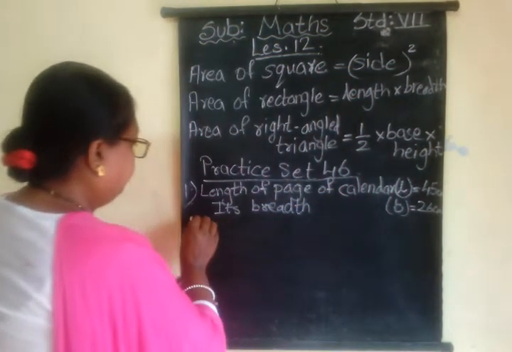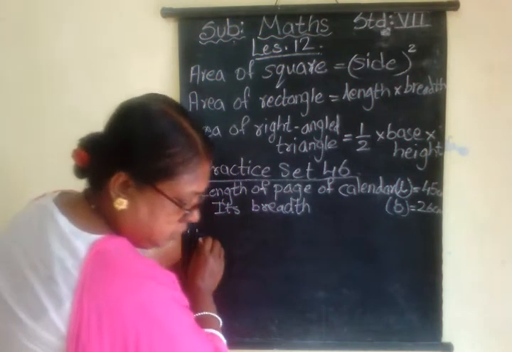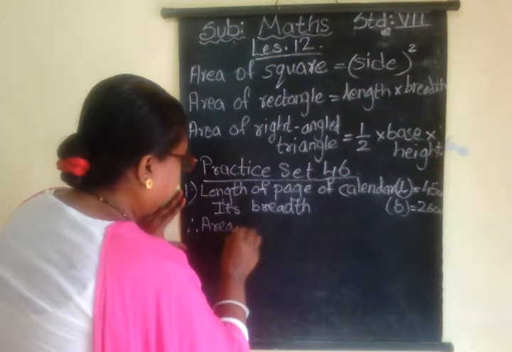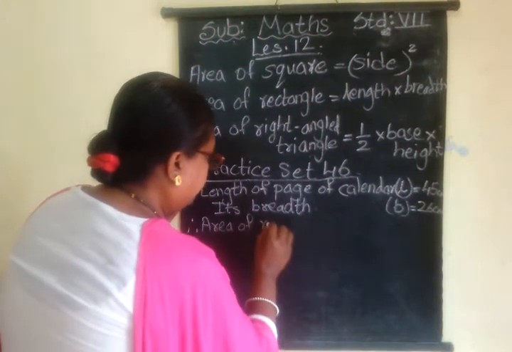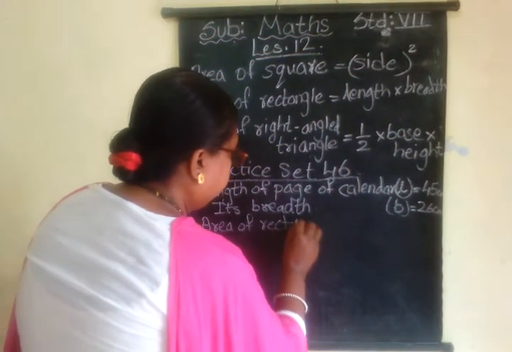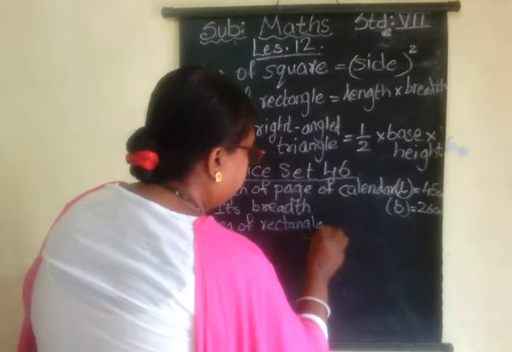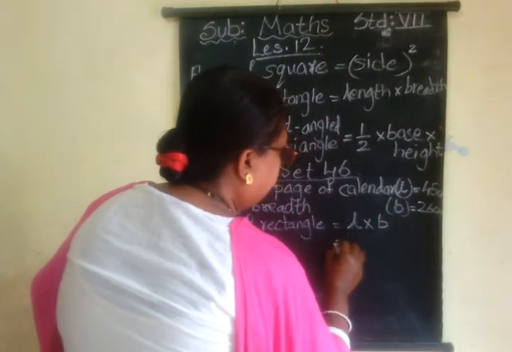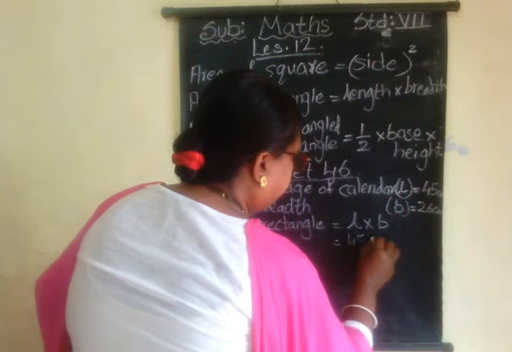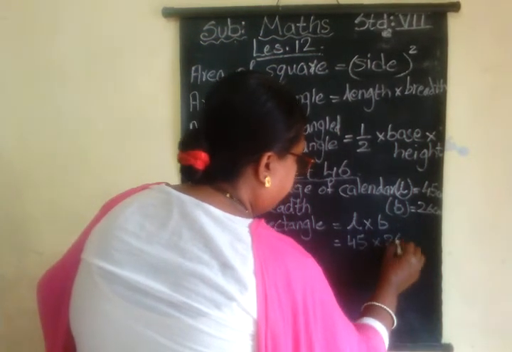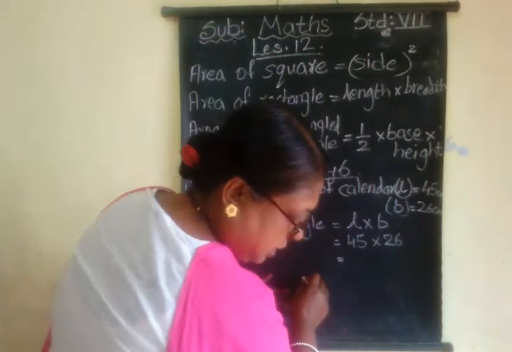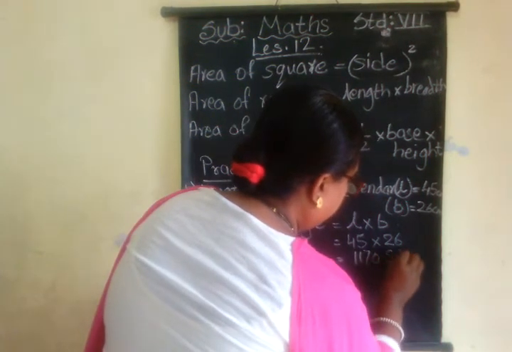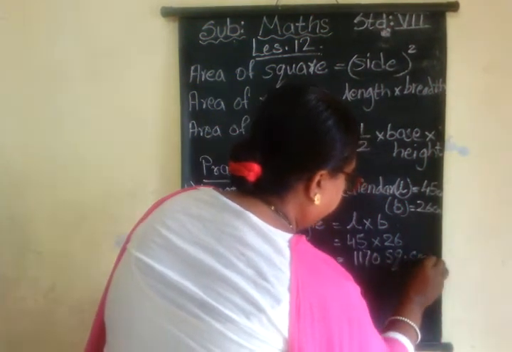So therefore area of rectangle is equal to L multiplied by B, which equals 45 multiplied by 26. The answer comes to be 1170 square centimeter.